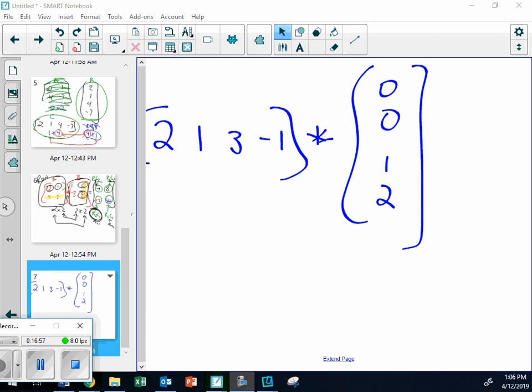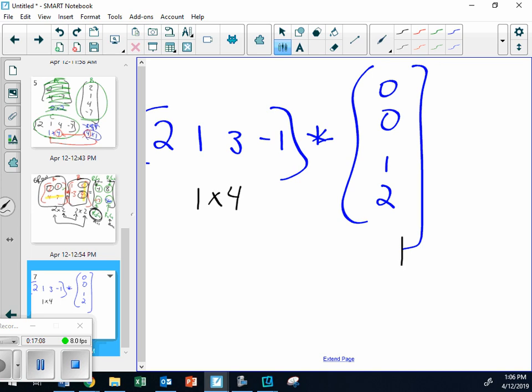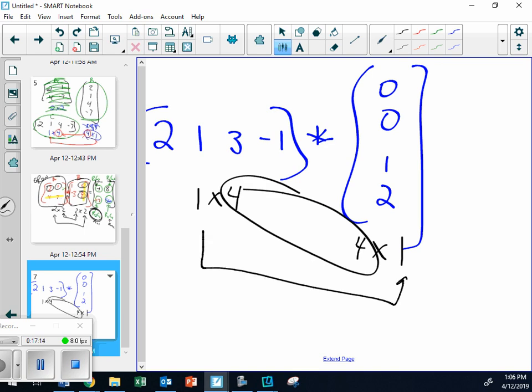All right, so you should have realized this only had one row, 4 columns. This has 1 column and 4 rows. And since these matched, the answer would be a 1 by 1. Did you just get one element?